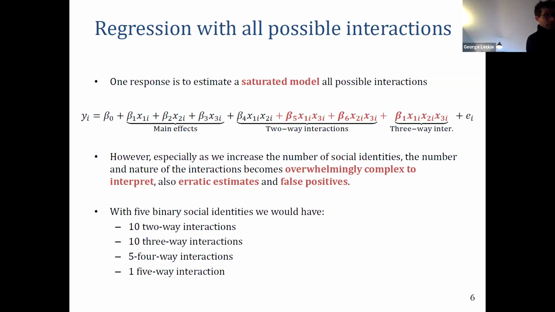So there are some drawbacks to that saturated approach, which would be natural to turn to. And indeed, with 5 binary social identities, we'd have 10 two-way interactions, 10 three-way interactions, 5 four-way interactions, and 1 five-way interaction.